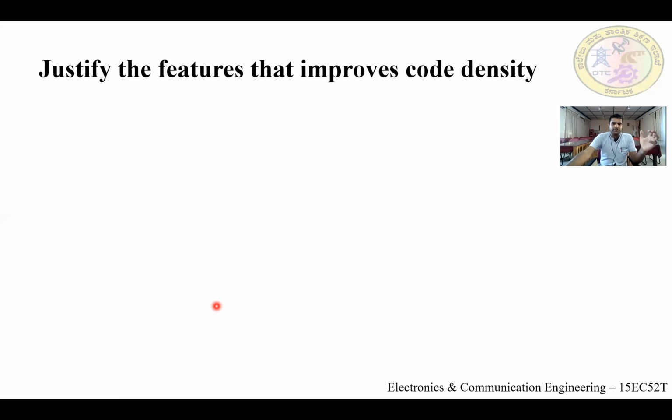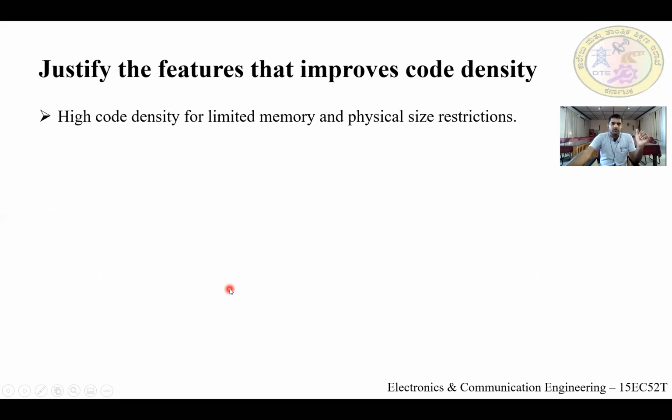Justify the features that improve the core density in ARM. High core density is needed for limited memory and physical size restriction. If we are having limited memory, then high core density is expected. The ability to use slow and low cost memories will improve the core density.